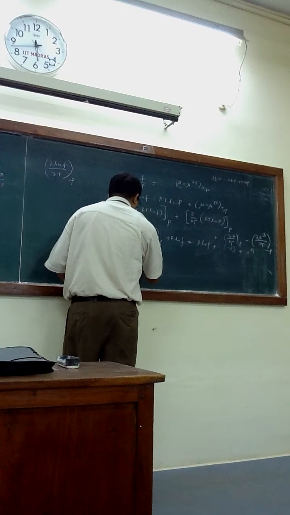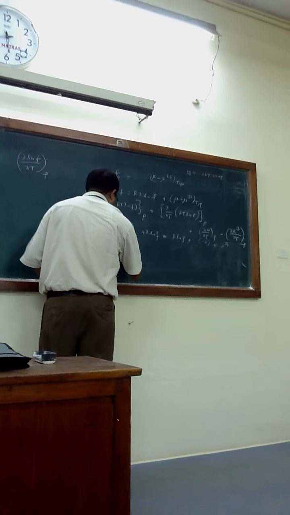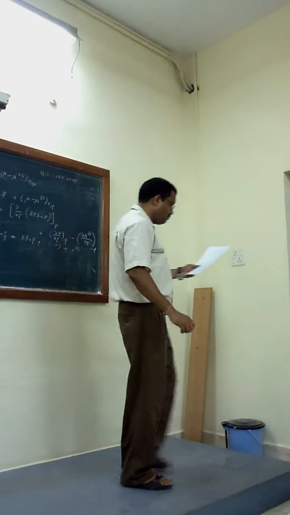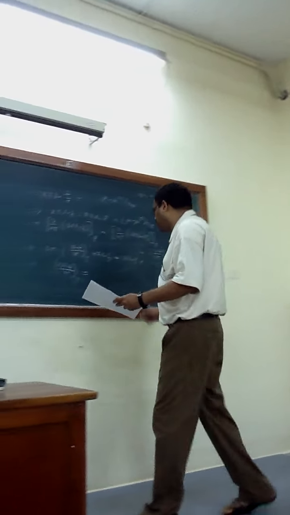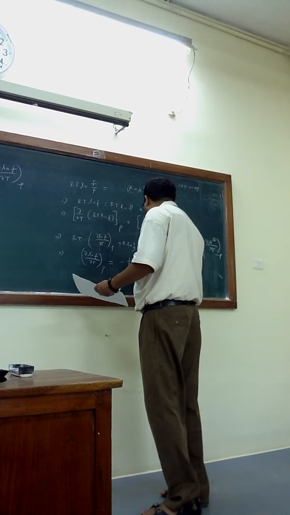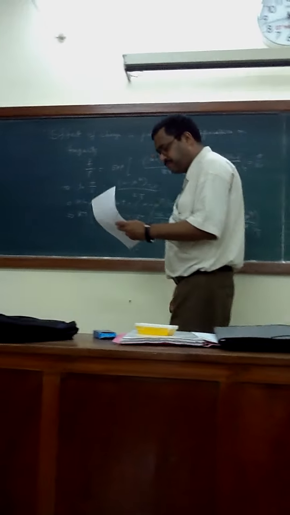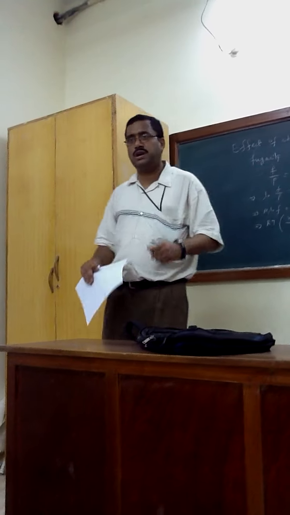So dou ln F by dou T at constant pressure, what do we get? I want to write minus 1 by RT times something in brackets. Can you fill in the blanks? So nice an expression you get.